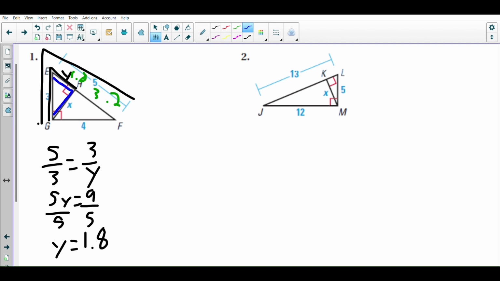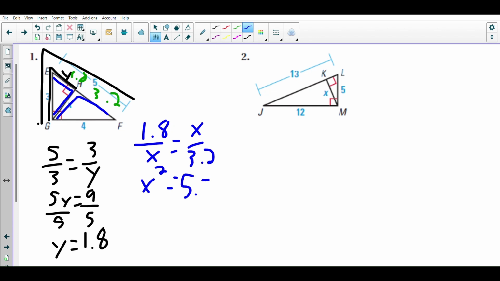So 1.8 over x is equal to x over 3.2 for the geometric mean. So x squared is equal to, I'm going to grab my calculator here, 1.8 times 3.2 would give us 5.76.